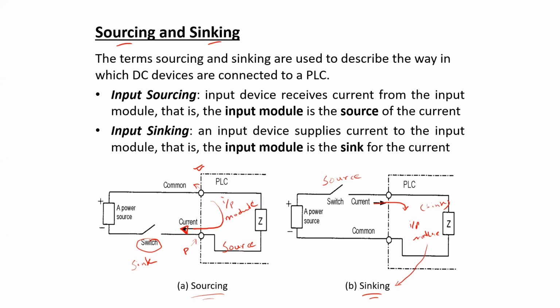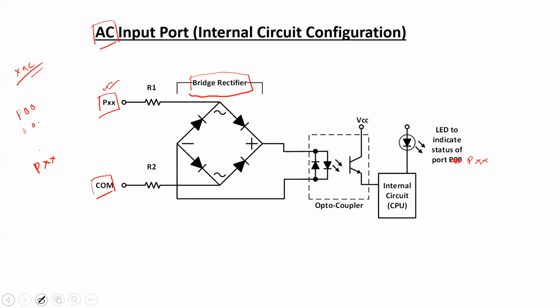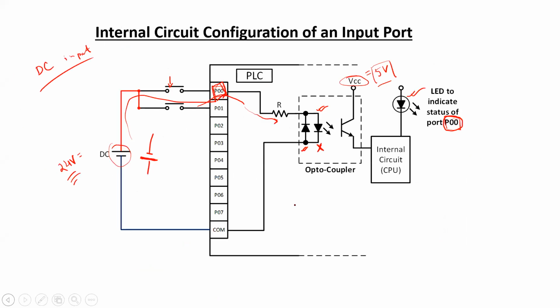The manufacturer normally defines whether a particular device should be connected as a sinking type or a sourcing type at the input side. For example, if I go back to this type of configuration of an optocoupler, both sourcing type and sinking type connections can be done because there are two LEDs present inside the optocoupler.